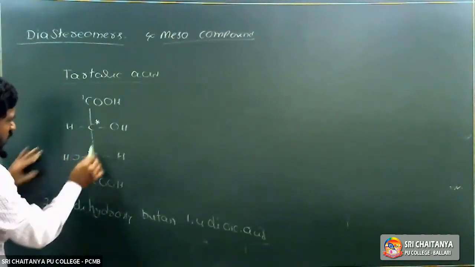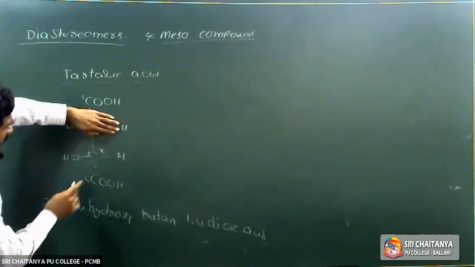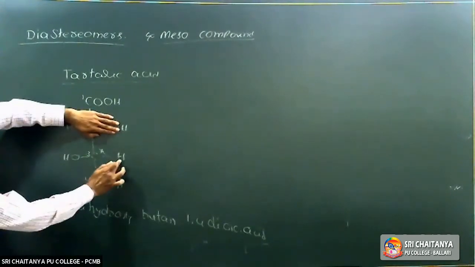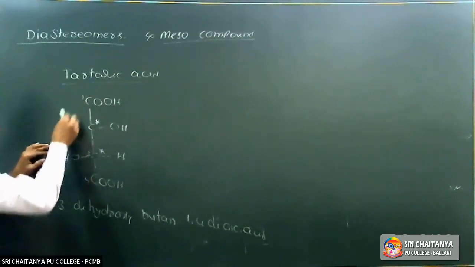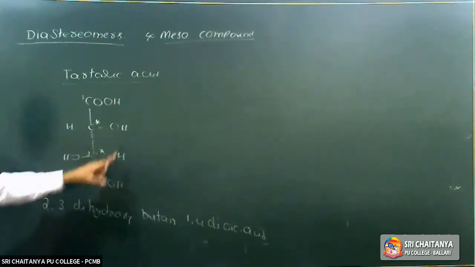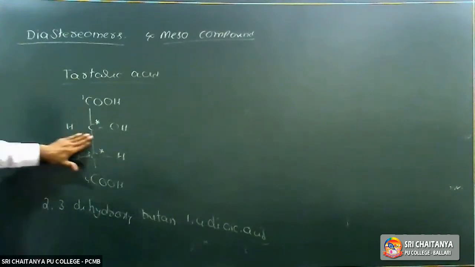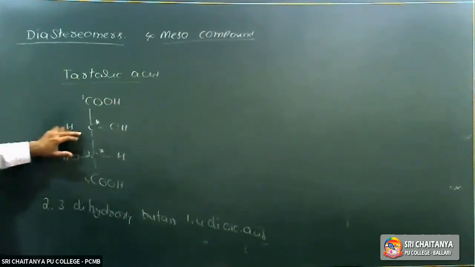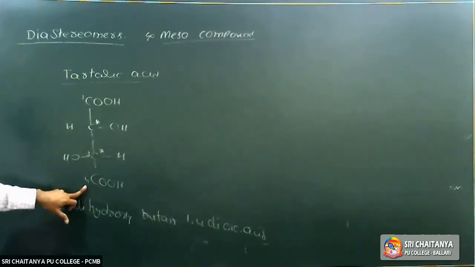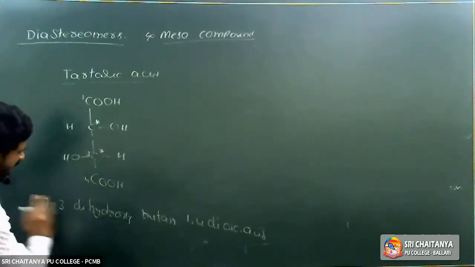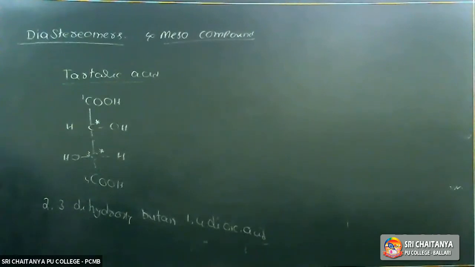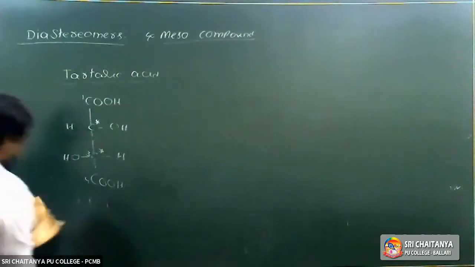The third carbon is also an asymmetric carbon because it is attached with hydrogen, COOH, OH, and CHOH, four different groups. So tartaric acid contains how many asymmetric carbons? Two asymmetric carbons. 2,3-dihydroxy butane-1,4-dioic acid is the IUPAC name.